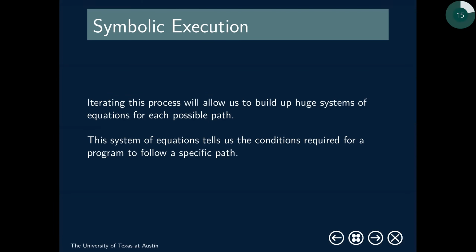And that's going to allow us to build some huge system of equations that essentially describes what conditions need to be true to follow a specific path. So if some system of equations is satisfied, then we know that the path through the program that we're going to take is the one corresponding to that system of equations.